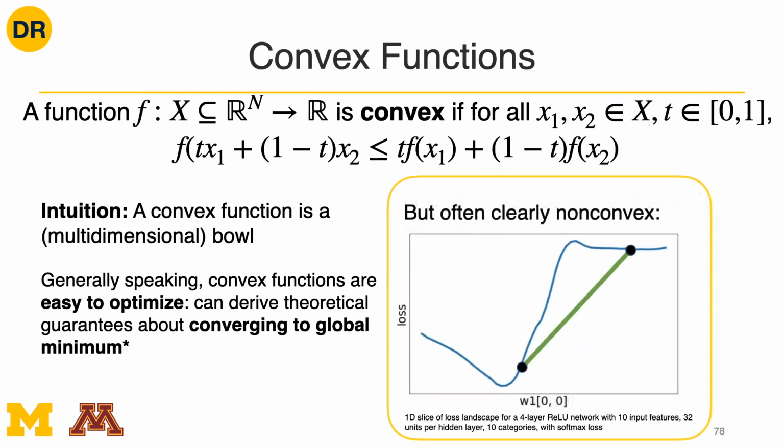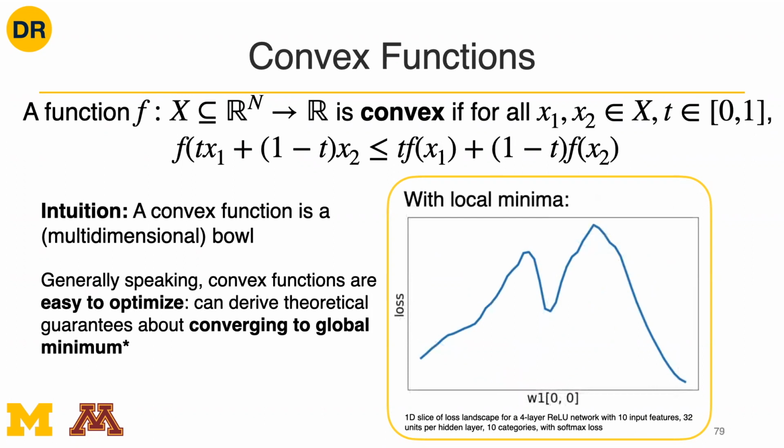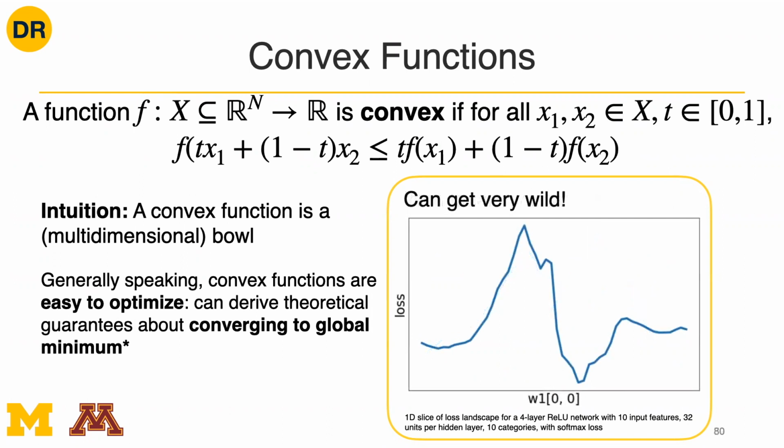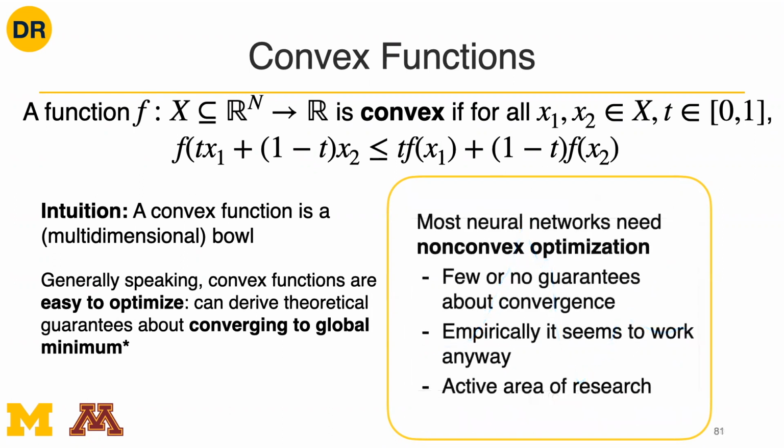Here is another slice where it's definitely not convex, and you can see various characteristics at different slices. So neural networks need non-convex optimization techniques, and there are no guarantees that it will converge, but they work empirically. That's why we are in this course, and it's an active research area where people are studying these properties of neural networks and how they work.